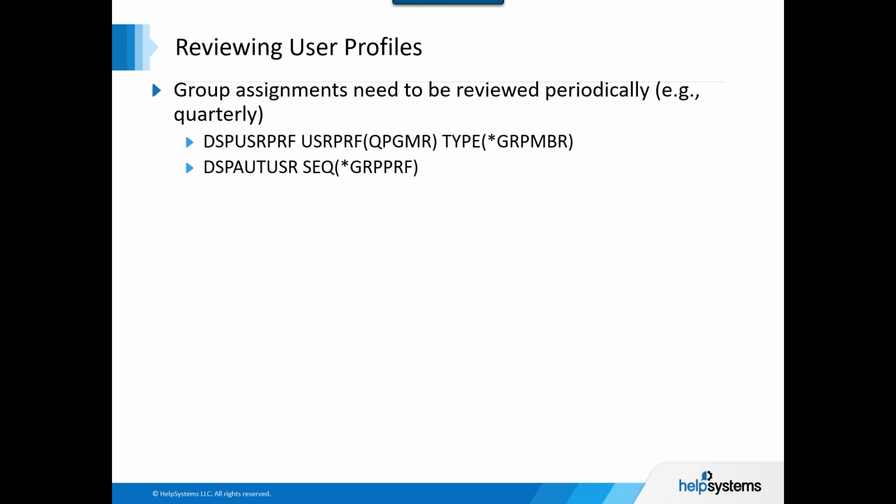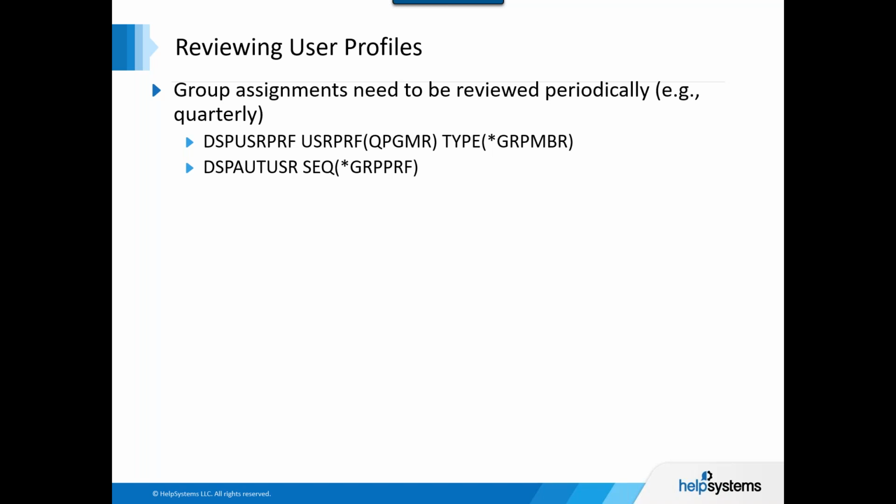So you get the request to add them to a different group profile, but you never get the request to remove them out of the old one. And so what happens is that people get multiple groups, and some of those groups they shouldn't be in anymore, because it allows access to data for which they no longer have a job responsibility.